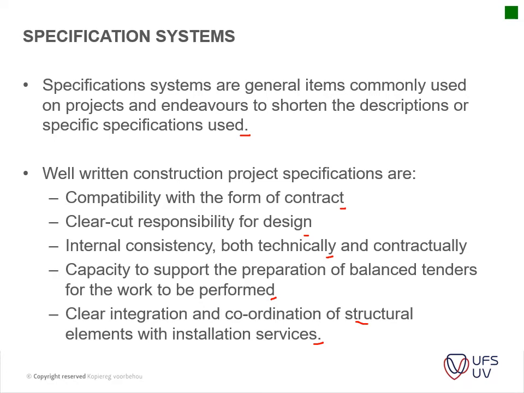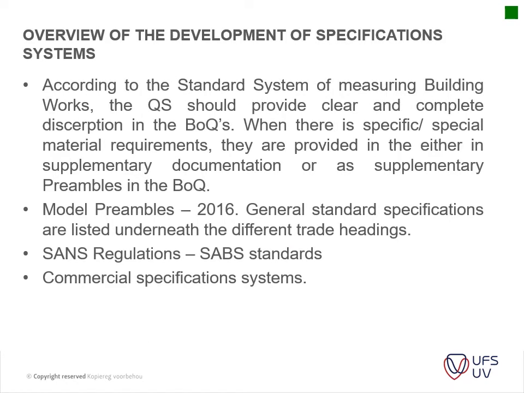Okay, then we get to the overview of development and specification systems in South Africa. So in South Africa we've got our standard system of measurement for building works, and the QS should provide clear descriptions in the BOQ.